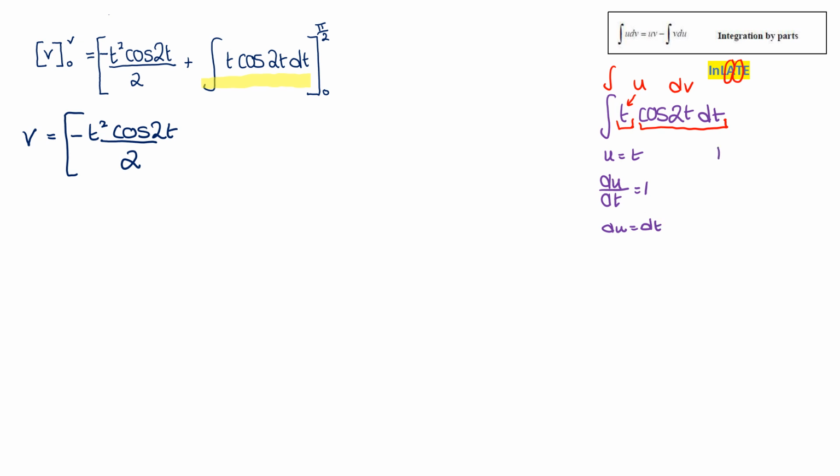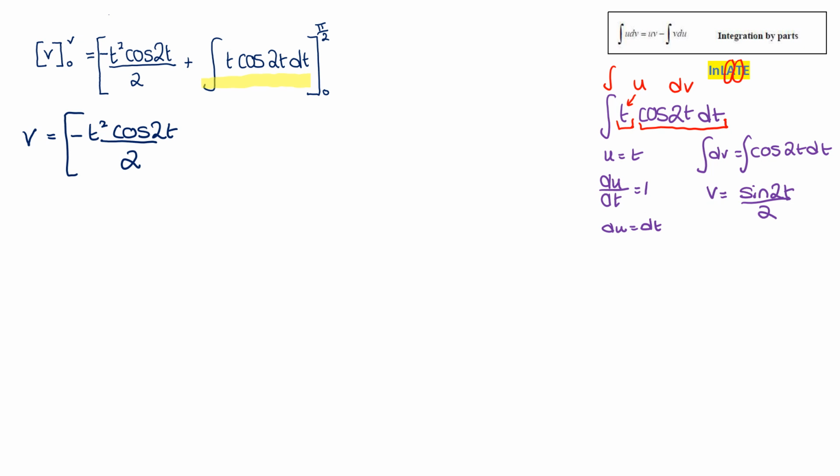And then we have dv equals cos 2t dt. We're going to integrate both sides. So v is equal to, cos becomes sine, of 2t, and we're dividing by 2 again. It's that version of the chain rule.